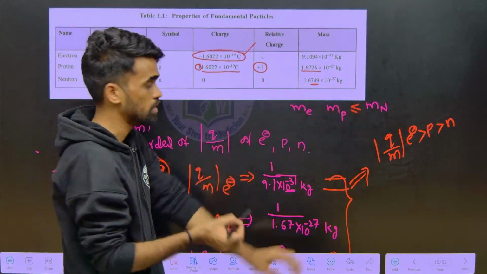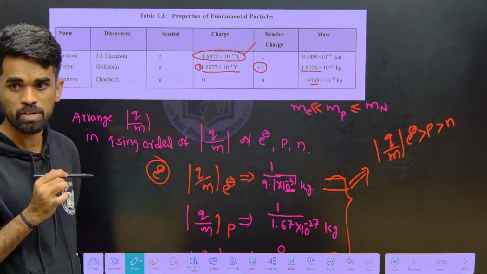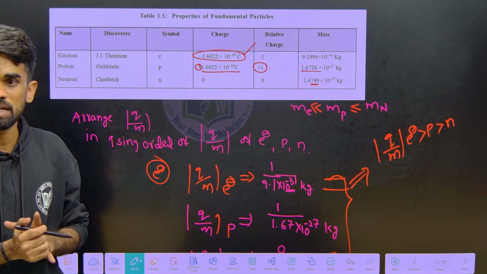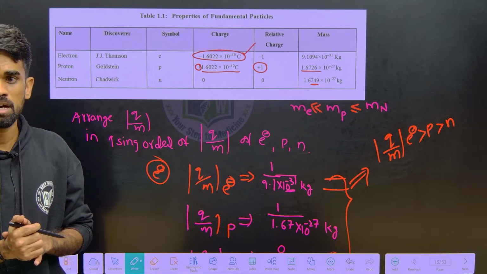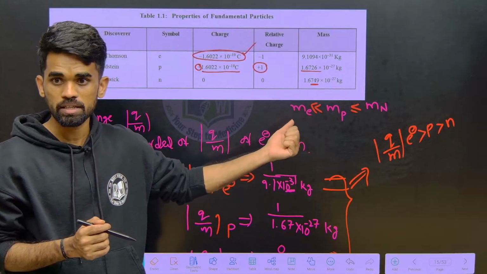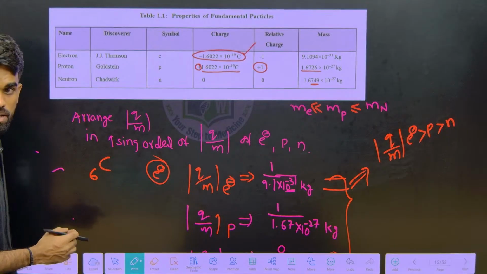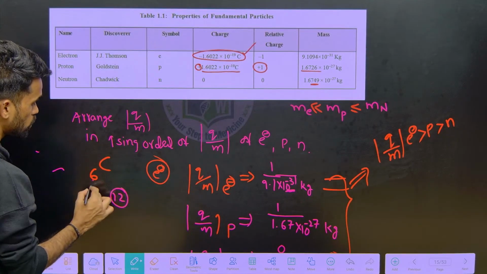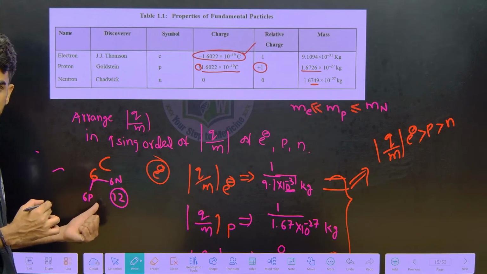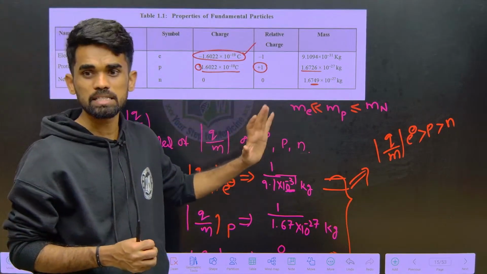So I am using that symbol. And here it is not just one, there is a large gap between the mass of the electron and the proton. That's why, while calculating atomic weight, what will we take? We will take the sum of the weights of the protons plus neutrons, but not electrons. For example, carbon has atomic number 6 and mass number 12. Why this 12? Because it has 6 protons plus 6 neutrons. Like this only you take it, you are not considering electrons here, because relatively it is a negligible value.